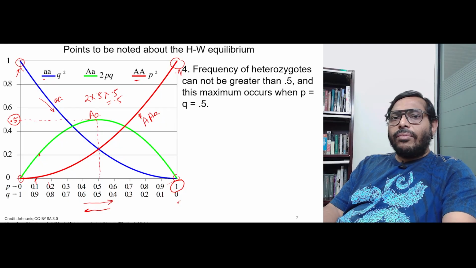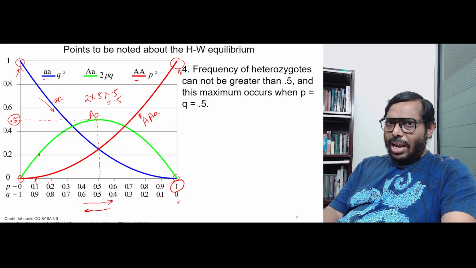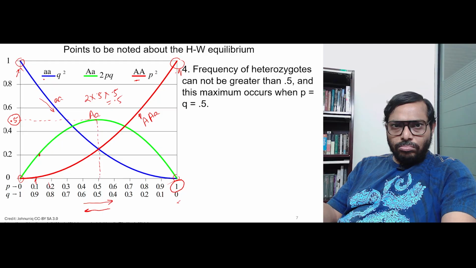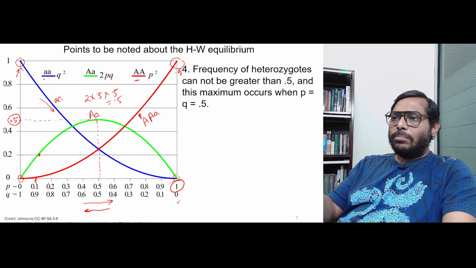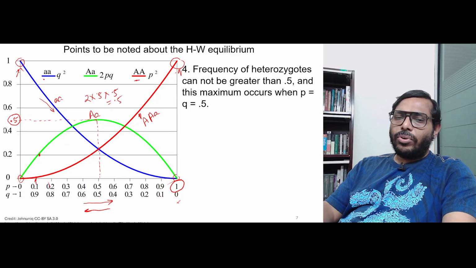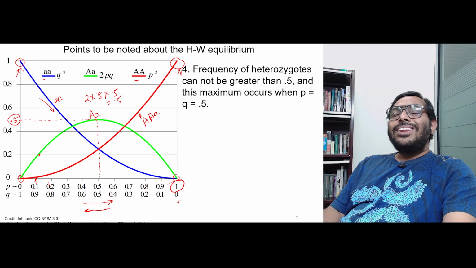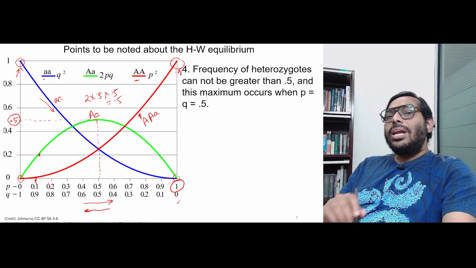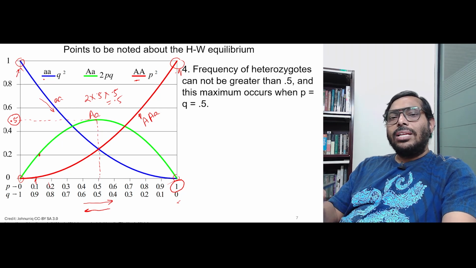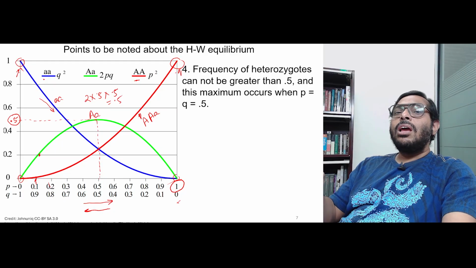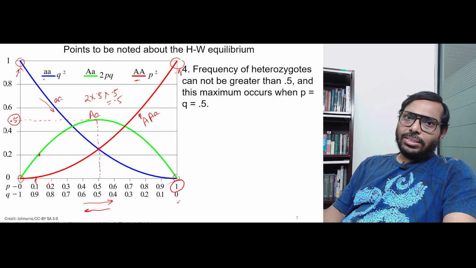Now, obviously, if a disease is caused by a recessive allele and that disease is leading to some problem in terms of survivorship or in terms of how many babies are being produced, then you expect natural selection to take away those alleles from the population. In other words, you expect natural selection to reduce the frequency of those alleles.